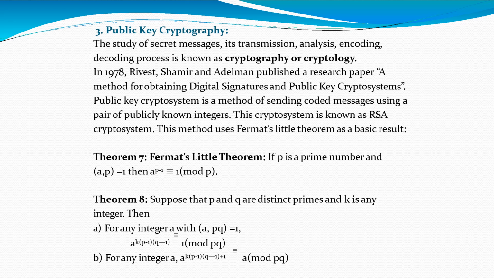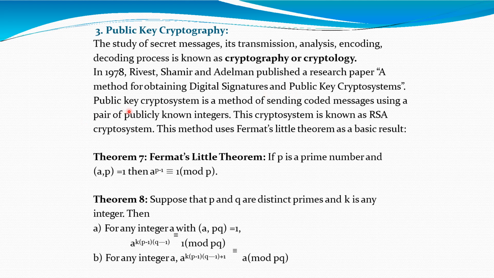Now third point, public key cryptography. Now the study of secret messages, its transmission, analysis, encoding, decoding process is known as cryptography or cryptology. In 1978, Rivest, Shamir and Adleman published a research paper, A Method for Obtaining Digital Signatures and Public Key Cryptosystems.